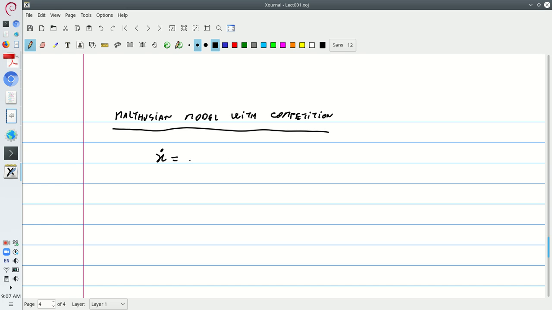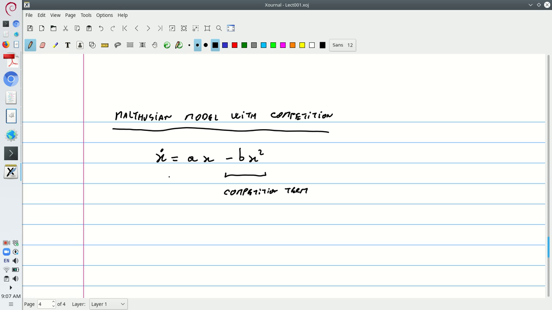It was x dot equal to ax minus this additional competition term, that was quadratic. And of course, this is a differential equation. We are going to assume that there is an initial condition so that we can solve it. And what we are going to do is simply to find the solution of this differential equation.